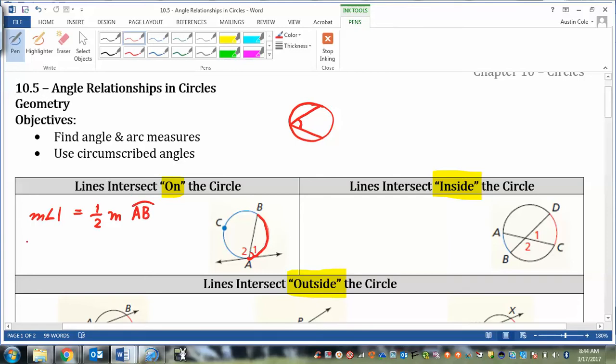Maybe you want to put right here and maybe a little star there and say half the measure of the intercepted arc.